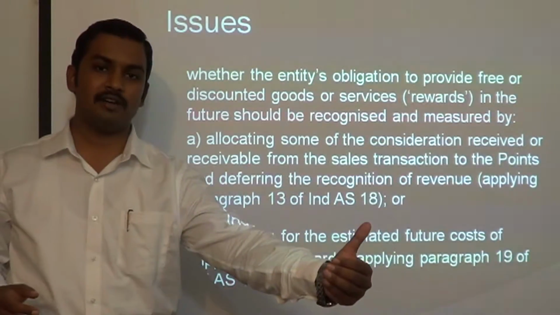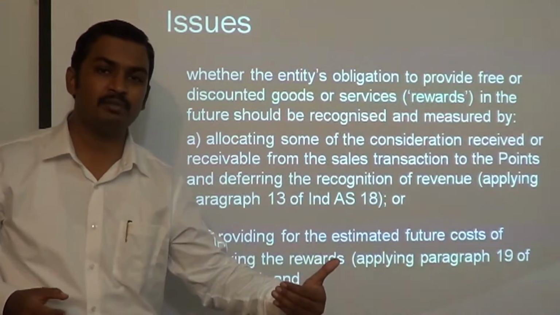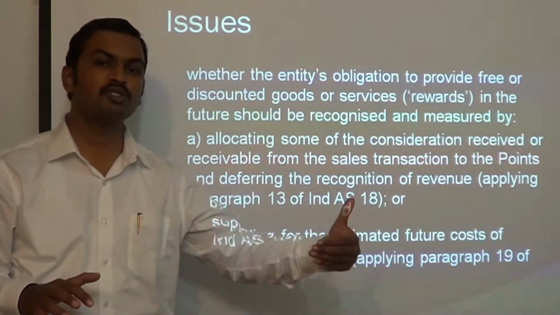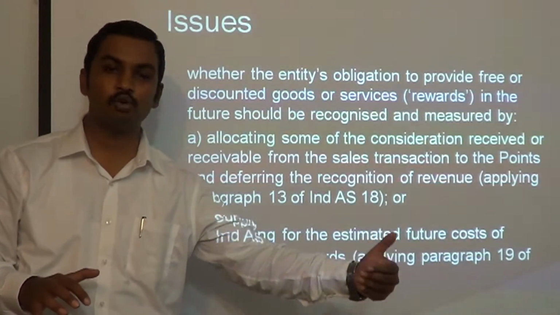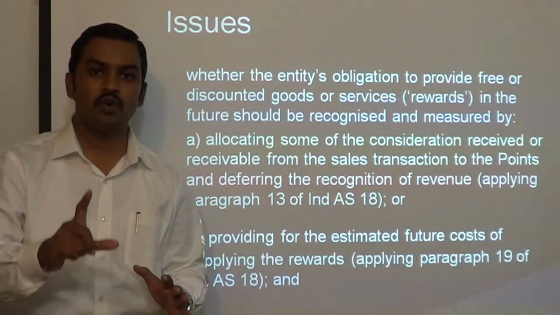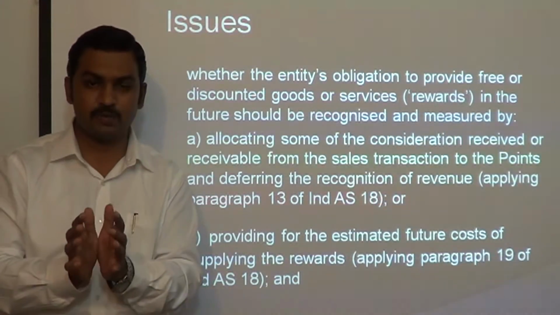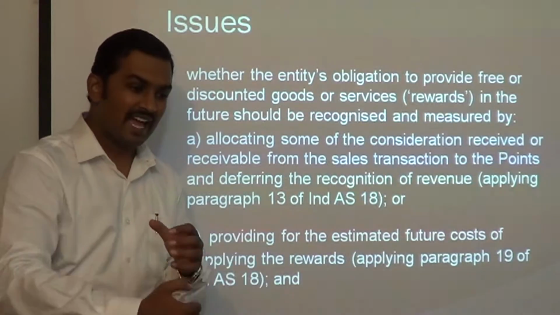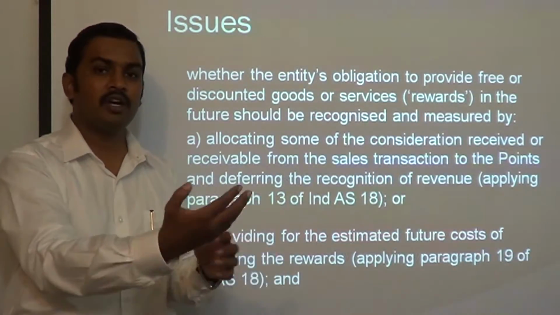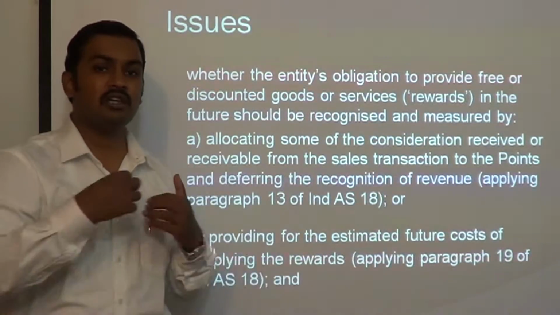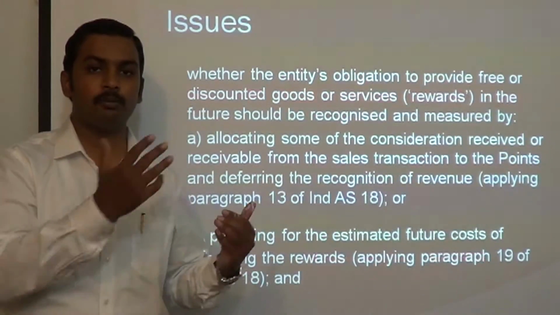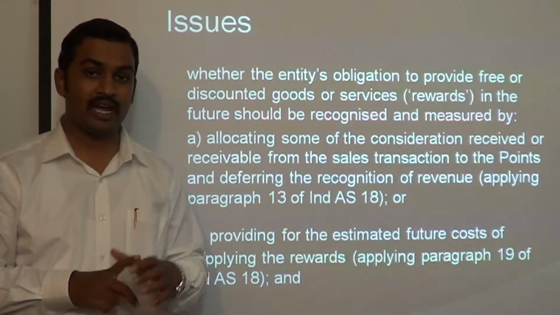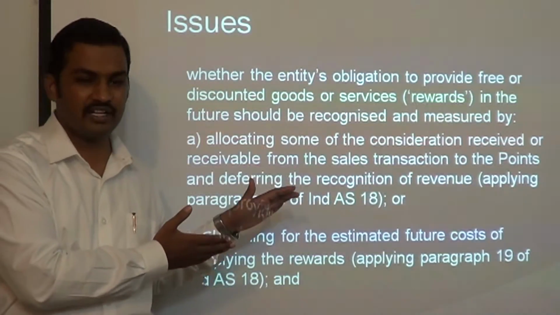It is carried forward as a liability, and in future when the points are redeemed by the customer, this deferred income will become income for the company, and we will book the related expense for providing the goods and services to the customer. So this is one way of accounting. When the sale transaction takes place, allocate a portion of the consideration to these points, carry it forward as deferred revenue, and then recognize it as revenue in the year in which I fulfill the obligation towards those reward points. That is one accounting possible, and it is prescribed by para 13 of Ind AS 18.